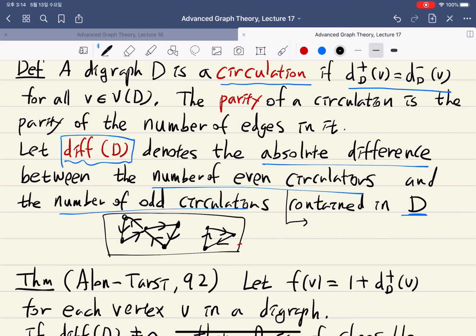And also we consider this circulation or this diagram as a set of edges.